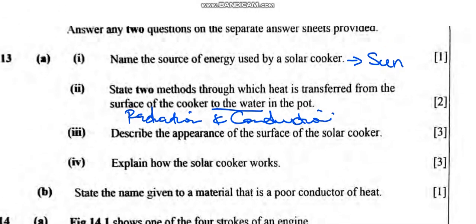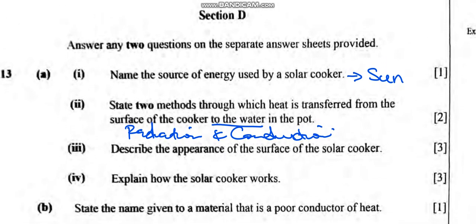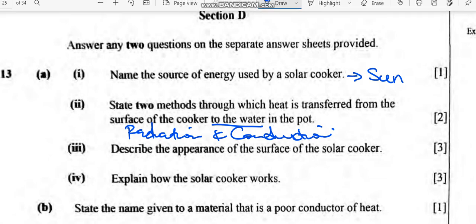Describe the appearance of the surface of the solar cooker. Number one, it must be shiny. Why is it shiny? So that it can reflect heat.